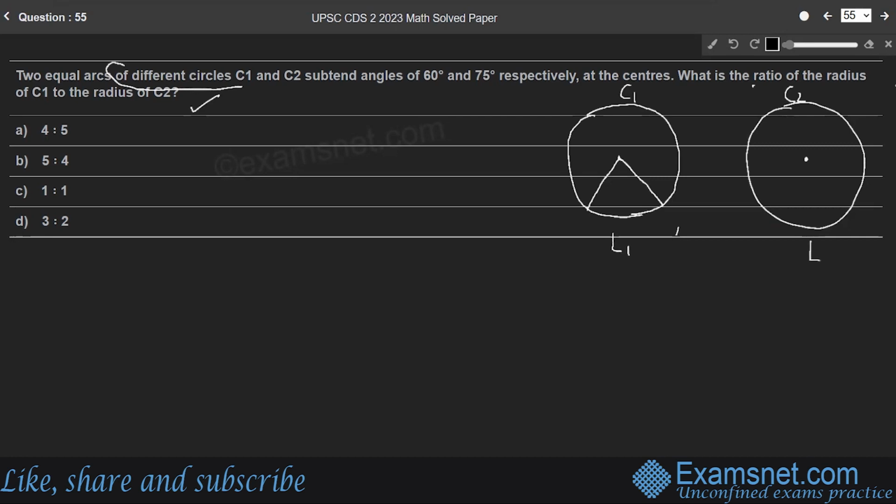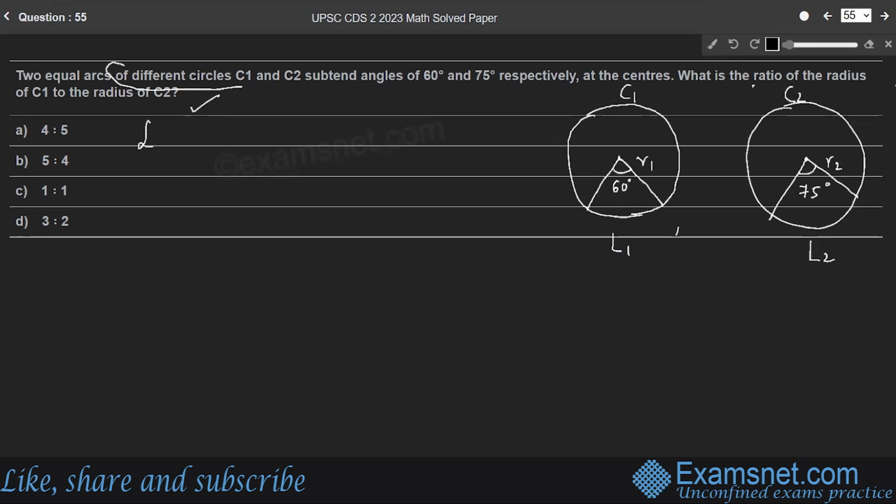L1 and L2 are equal arcs, which subtend angles 60° and 75° at the centers of the two circles. Now, what is the ratio of the radius of C1 to the radius of C2? Let R1 and R2 be the radii of the two circles.